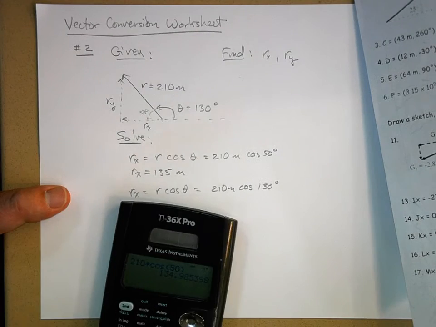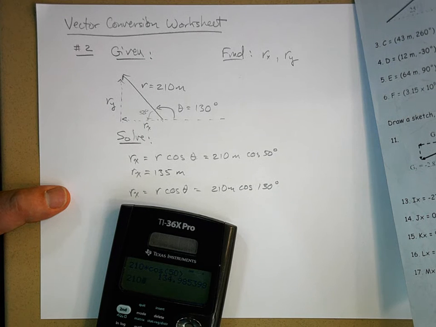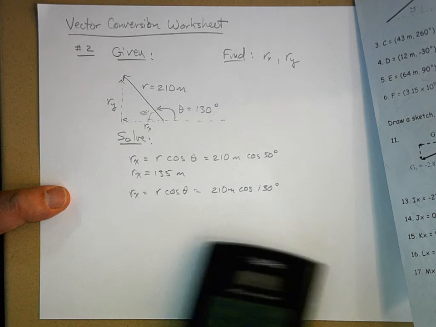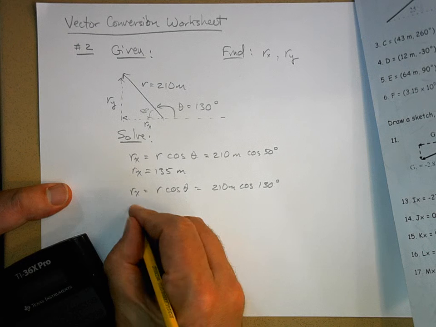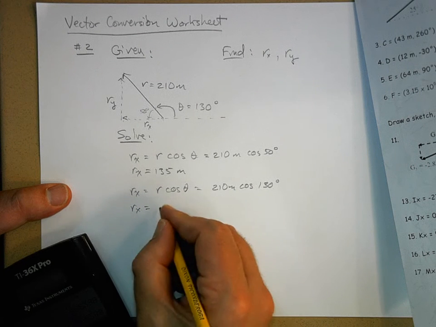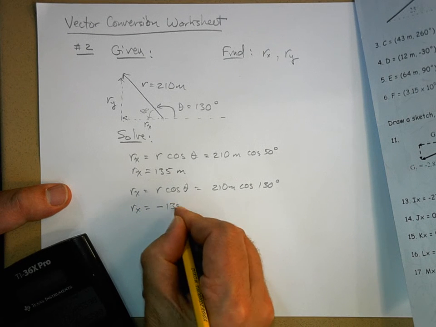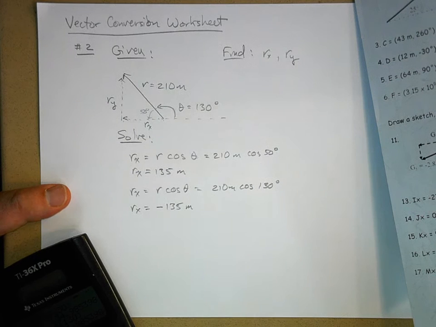So I'm going to plug that in now. 210 times the cosine of 130 degrees. And if I round it off, I get negative 135 meters. Which one's right? This one's right.